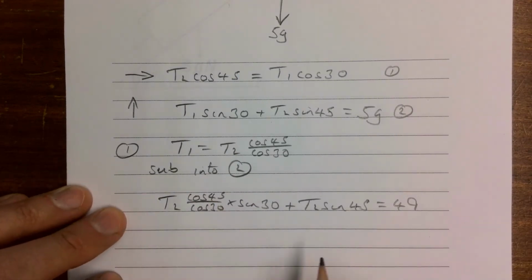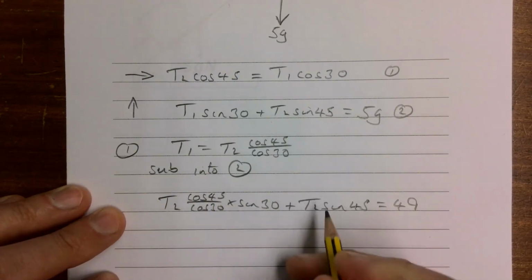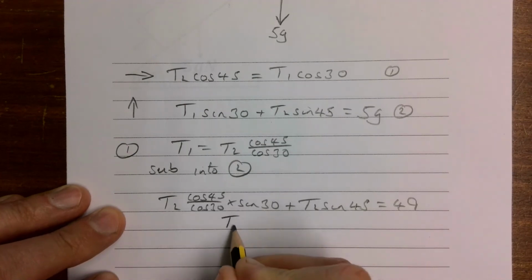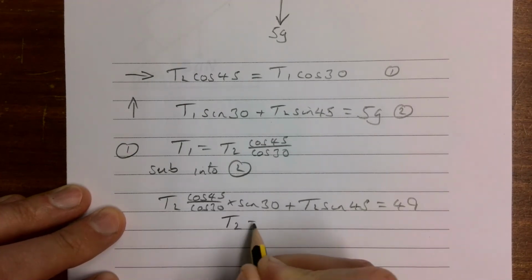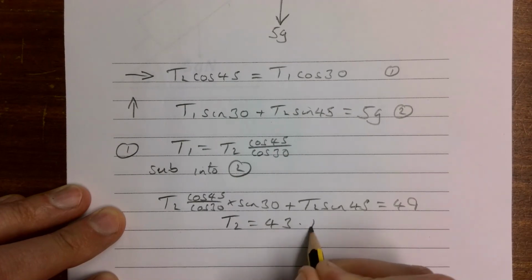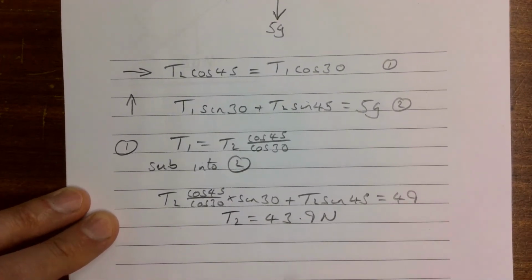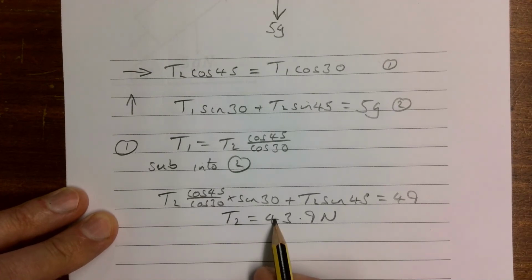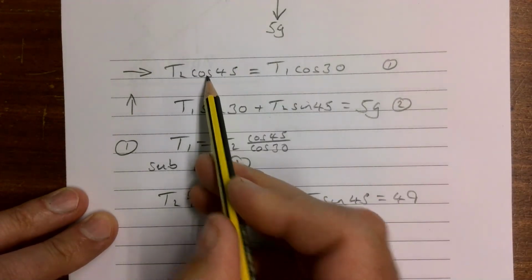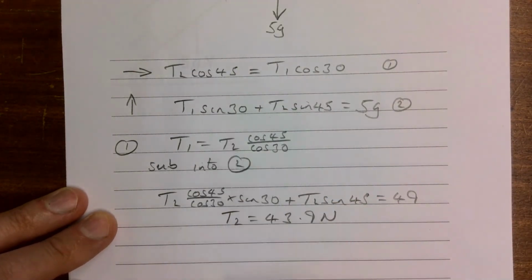Okay? So if we do our sums for this and work it out, we will get T2 equals 43.9 newtons. Again, try that in your calculator, make sure you're getting the same as me. We now know T2, so if we sub it into equation 1, you could sub it into there, it's a wee bit more work, but it's easier if you just sub it in here.